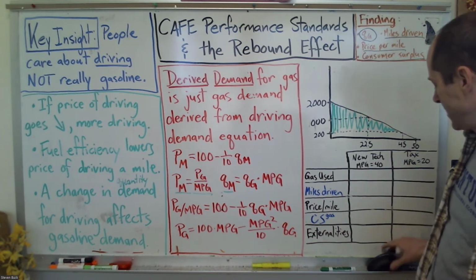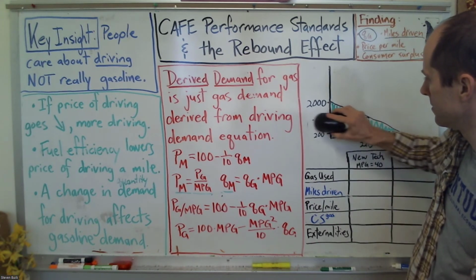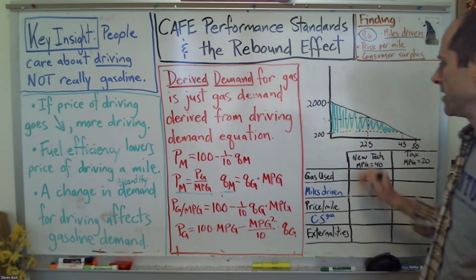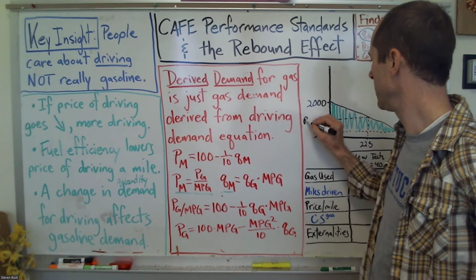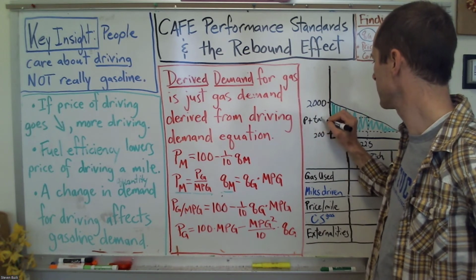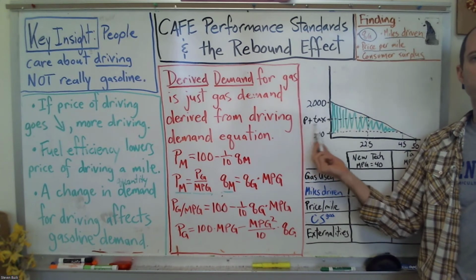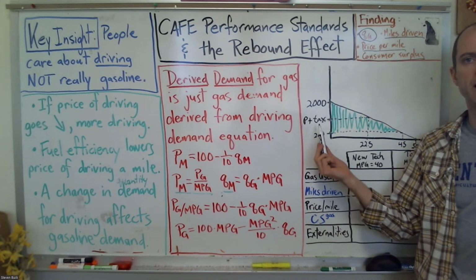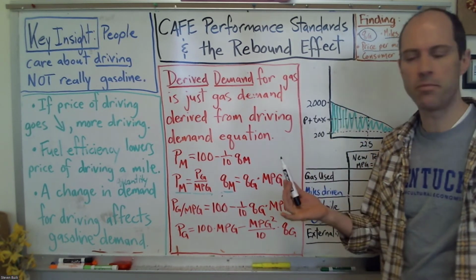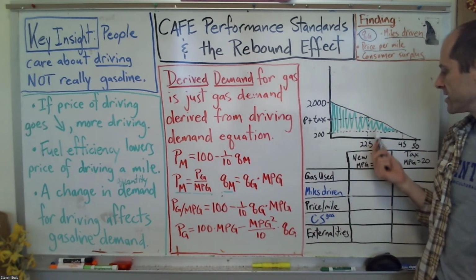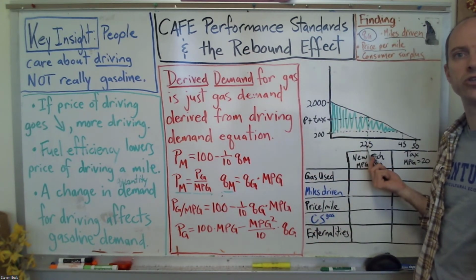If we set our price with the tax right here, so P plus tax, this is the price that the consumers pay at the pump. That is the pump price. They pay this price, they're only going to consume 22.5 gallons.